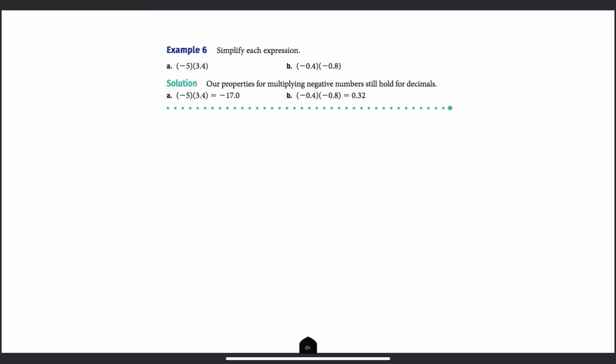All right, so now we can incorporate plus and minus signs, right? So if I'm multiplying a negative by a positive, as in the case of A, negative 5 times 3.4, I know a negative times a positive is a negative, so I know my product is going to be negative.